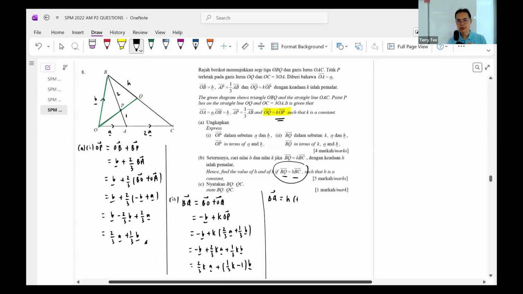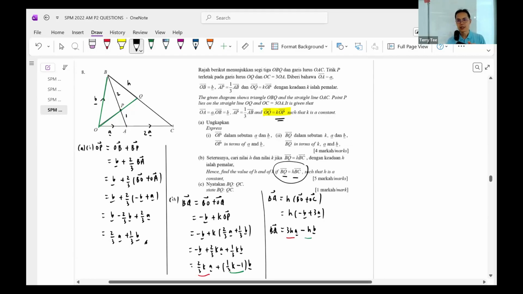B to O, O to C. Your B to O is minus B, O to C is 3A. So your BQ is therefore 3HA minus HB. Now I've got two versions of BQ. The first version is this one, you want to compare with this. The second version is this one, you want to compare with this.